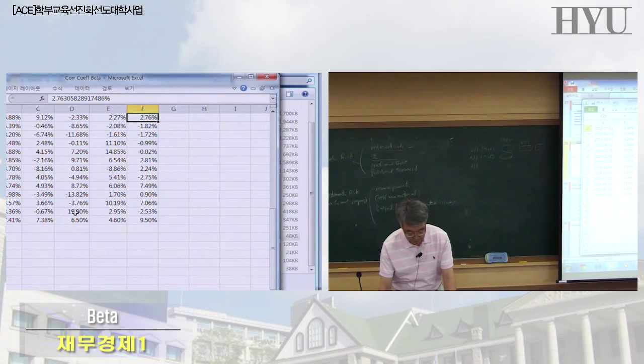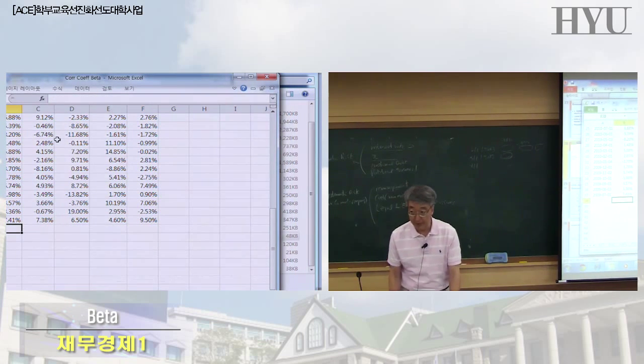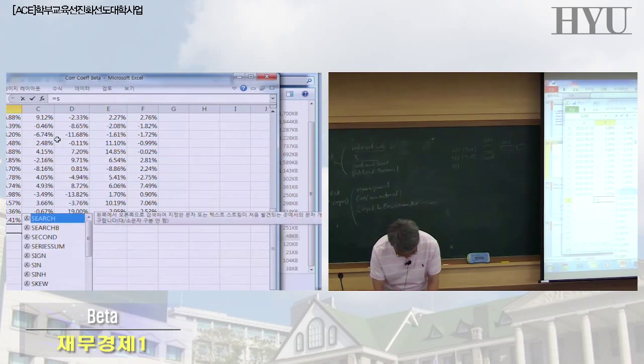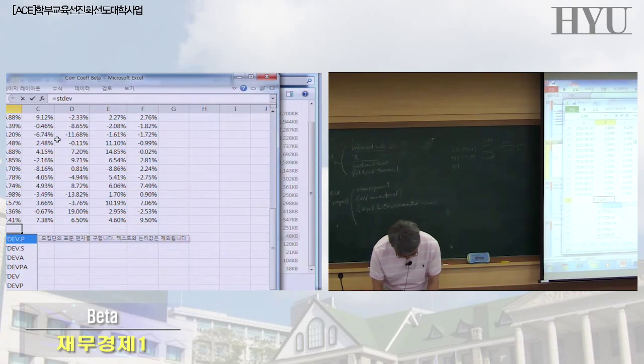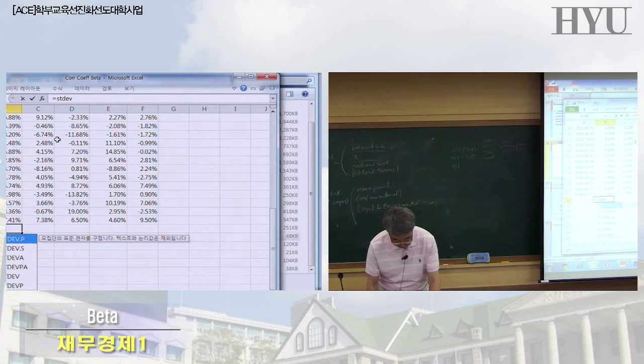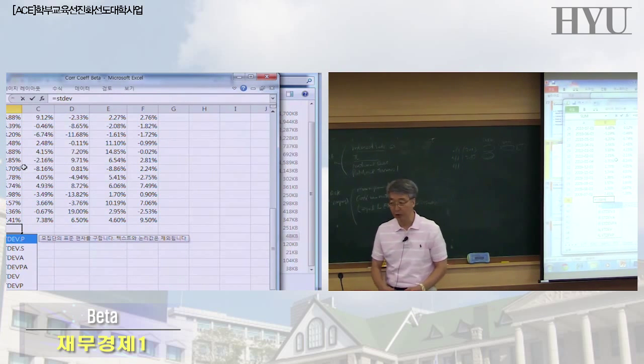So first of all, let me show you how to calculate standard deviation. You can use equal STDEV.P. As you see here, there are many functions you can use to calculate standard deviation, but I want you to use standard deviation P. That means you're calculating population standard deviation.